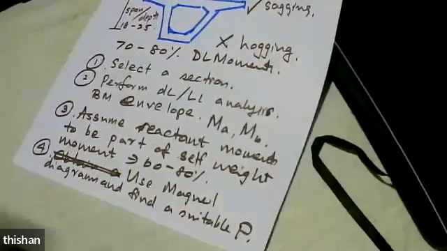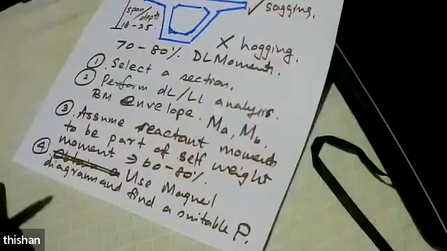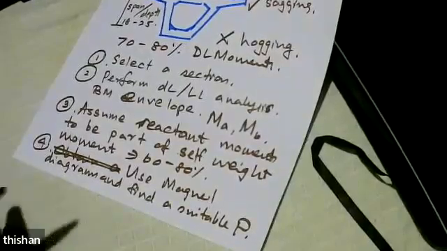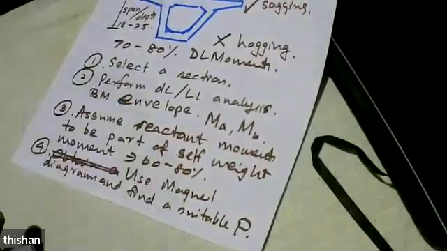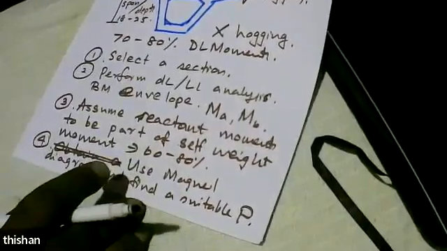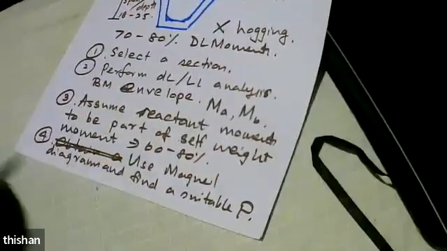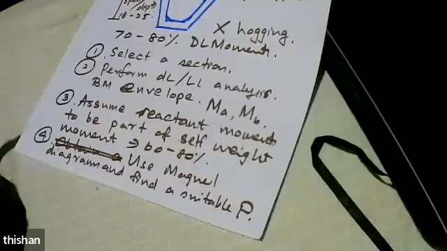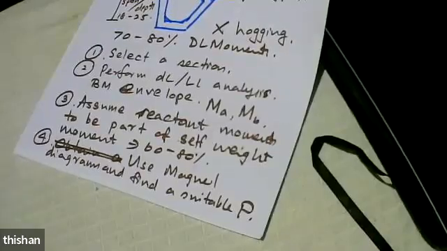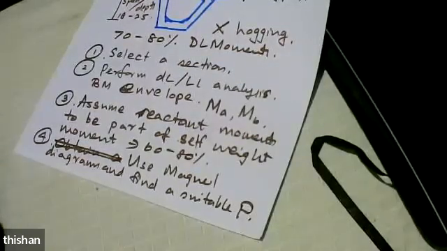Then later we can refine it with wedge analysis and all that. But initially, because we have no information, we can analyze it as a beam. Assume reactant moments to be part of the self-weight moment, because we know the friction, we can find the bending moment value. And then use Magnel diagrams and find suitable P.